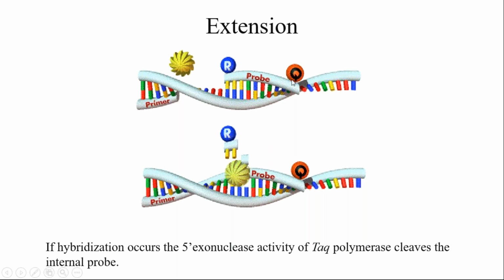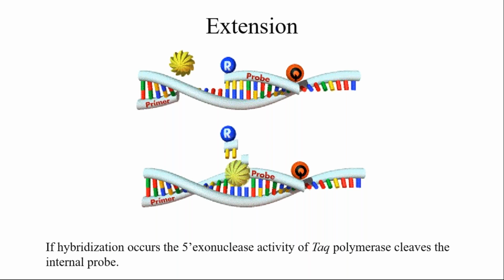When it cleaves this internal probe, the reporter and the quencher will now move away. They will move far apart, and when they move far apart, the quencher can no longer quench the fluorescence of the reporter, and the fluorescence will be measurable.